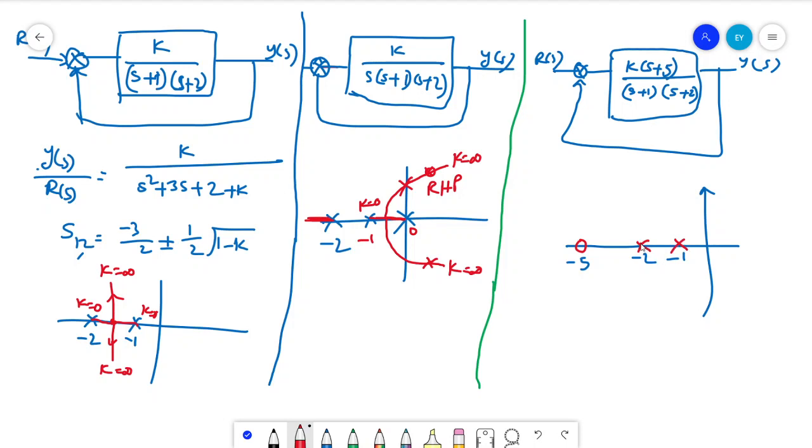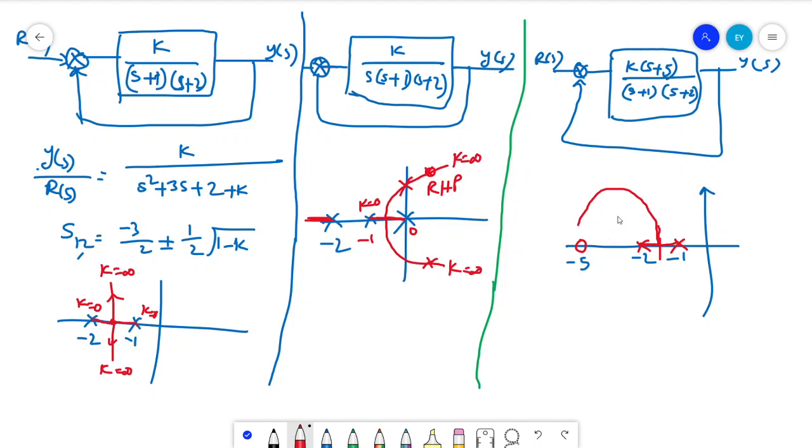So the locus will start from -1 and tend towards this point. This locus will start from here, go towards this point, and diverge here, and it should go towards 0, right? So where is the 0? Since 0 is this way, it will come to this particular point.